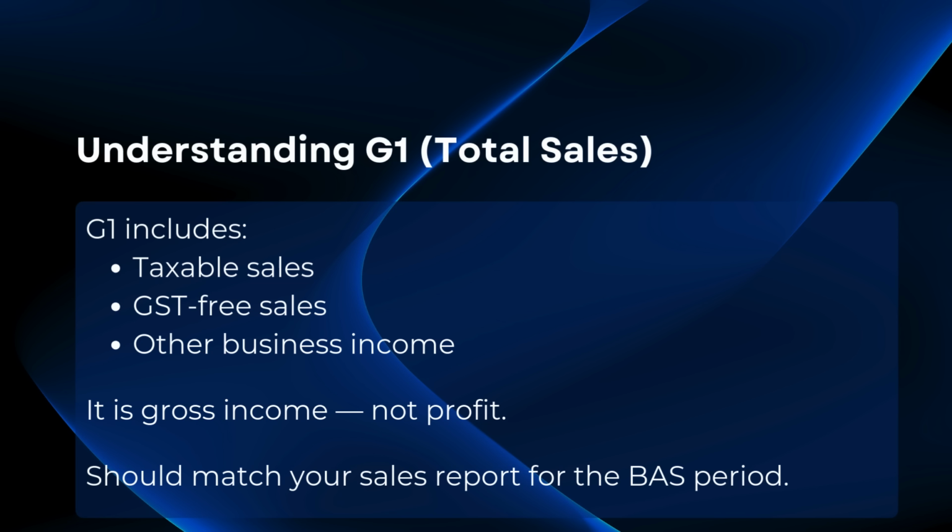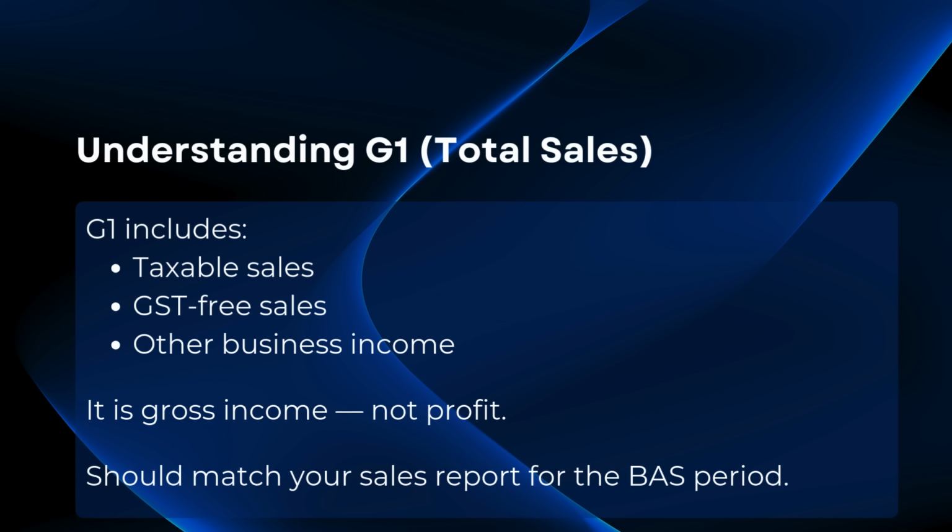1A is the GST component of your taxable sales. This is usually 1/11 of your GST inclusive taxable revenue. For example, if your taxable sales total $66,000 including GST, the GST component would be $6,000.